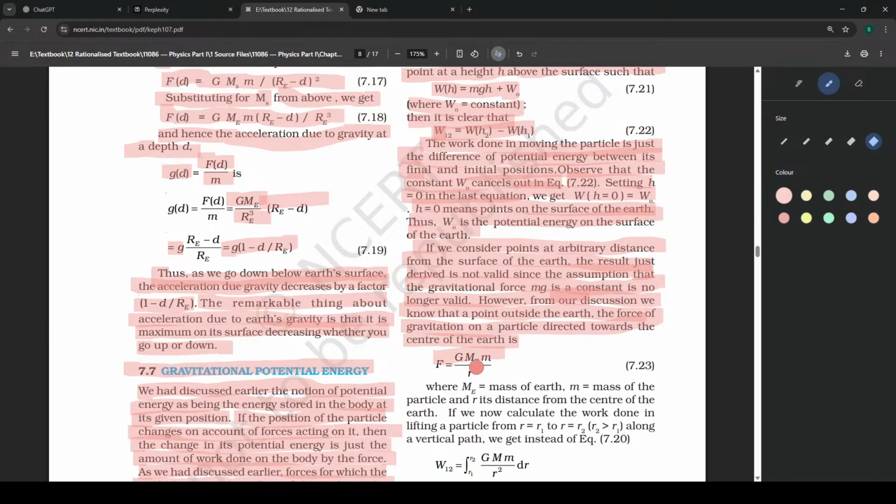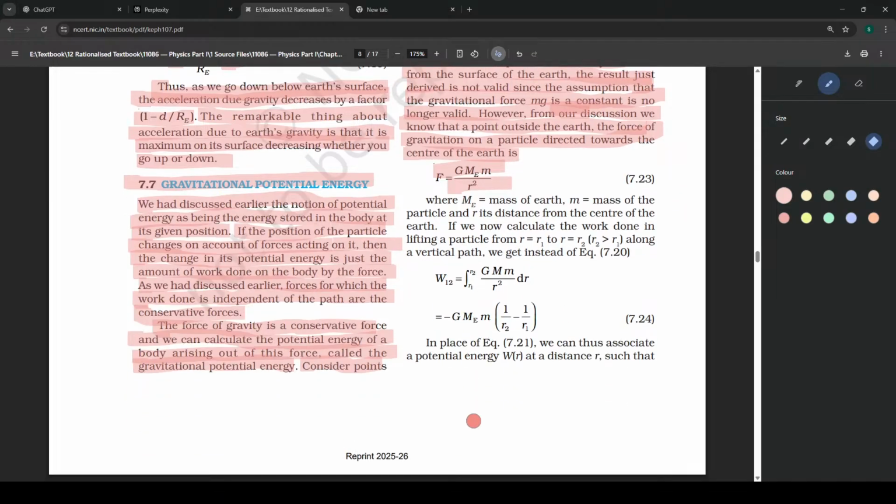Basically, this is the force at any point, directed towards the center, where me is the mass of the earth, m is the mass of the particle, and r is the distance from the center of the earth. We now calculate the work done in lifting a particle from r equals r1 to r equals r2 along a vertical path, or any path for that matter.